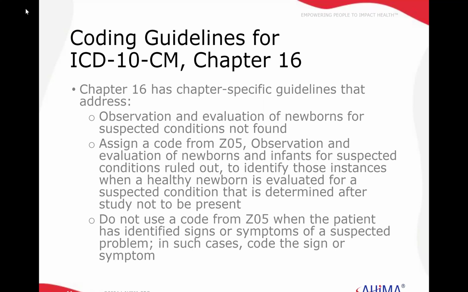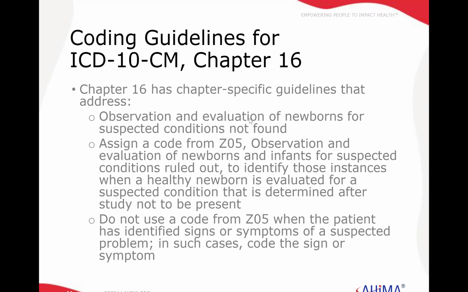There are more guidelines, observation and evaluation guidelines, right? So in other words, if we're observing and evaluating, if you think about it, this makes total sense. When they're being evaluated and observed for a suspected condition, that's a Z05 code.